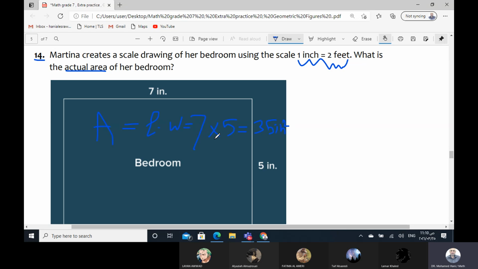But this is not real. This is in the photo here. So how to change it to the real? Use the scale. The scale said each 1 inch equals 2 feet in the real.